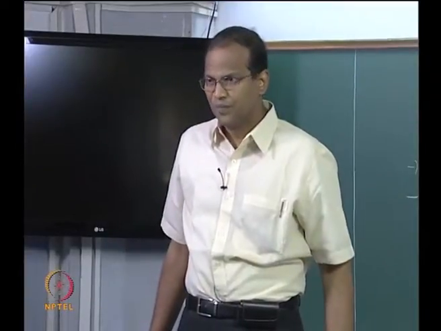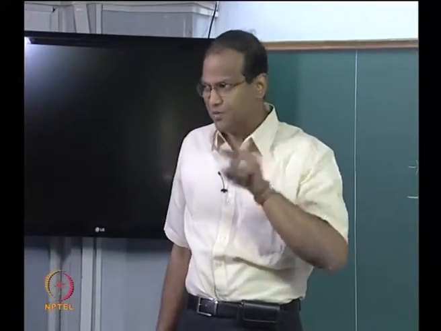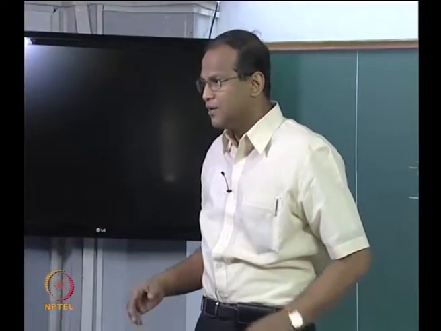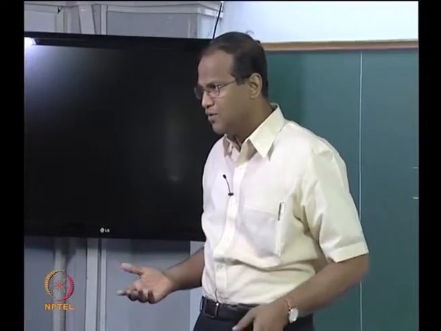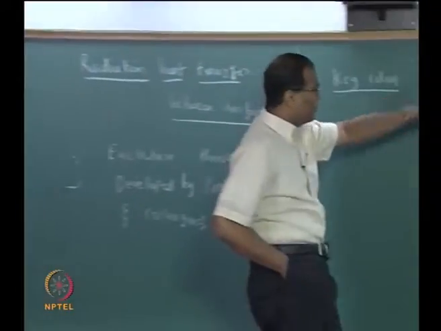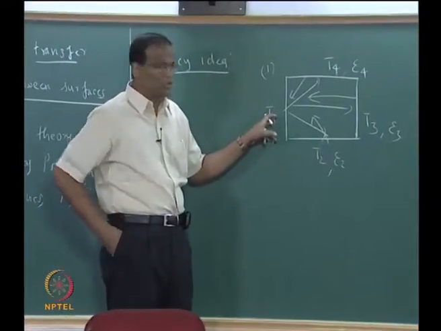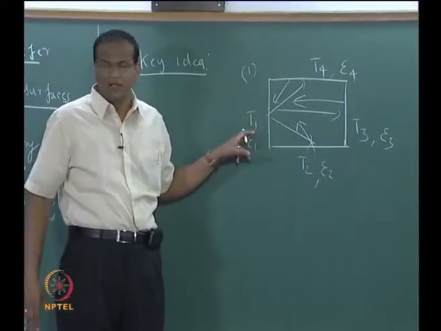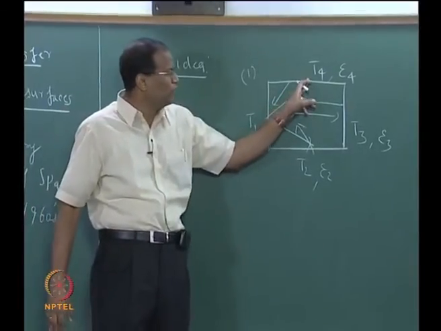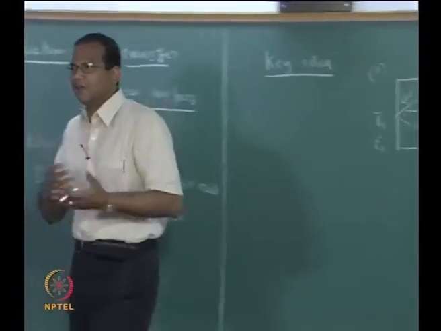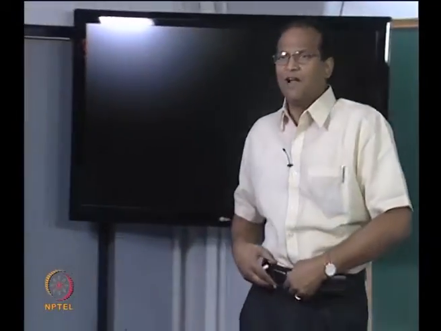That means you have to subdivide a surface into subsurfaces, and the other surface may also be non-isothermal. Yeah, you have to find out. See, from here totally 100, for example 100 watts is going out, for argument's sake, out of which how much is going to 4, how much is going to 3, how much is going to 2. That depends on the relative size of the surfaces and the angle or the orientation, isn't it? That we will have to know.